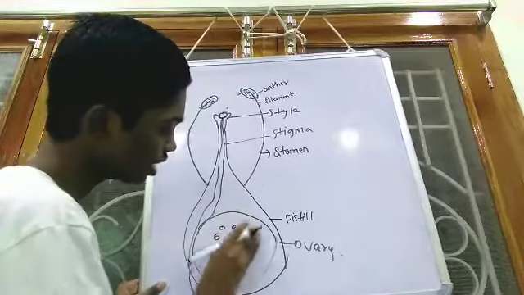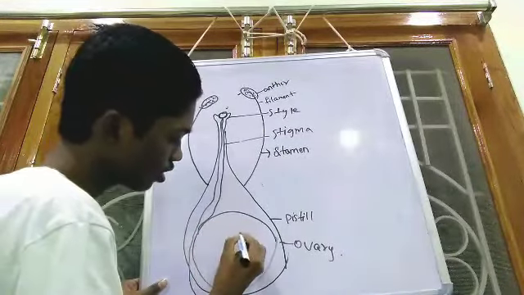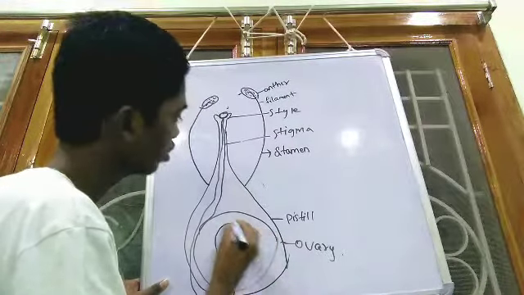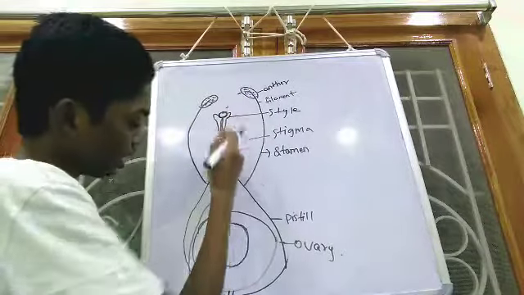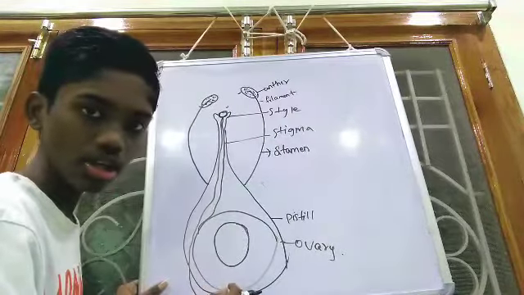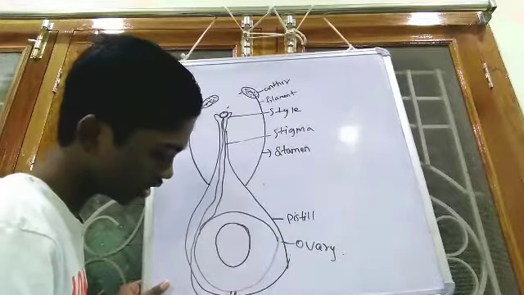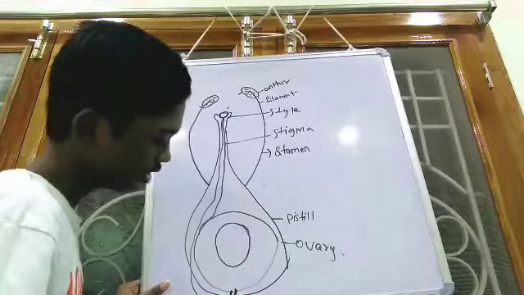So let us assume there is a single ovule in the ovary of this kind of plant. This is the ovule. I had said when the pollen grain reaches the style, it will create a pollen tube. The destination will be the bottom of the ovary.